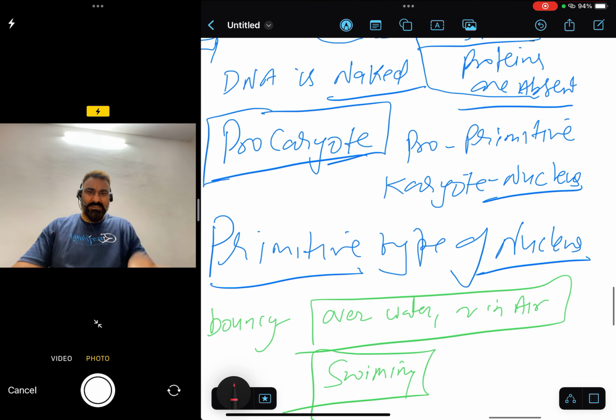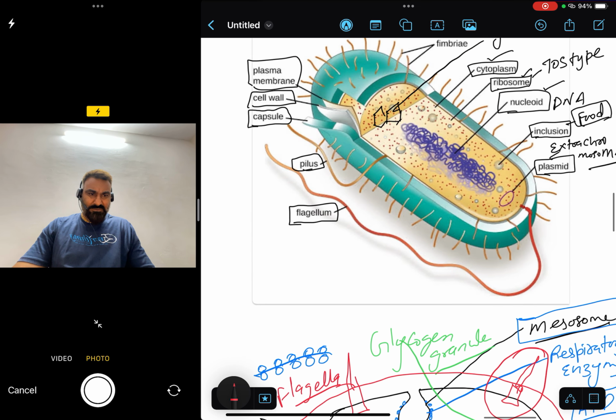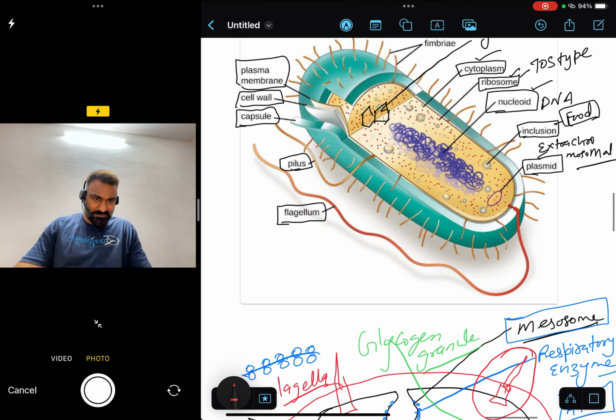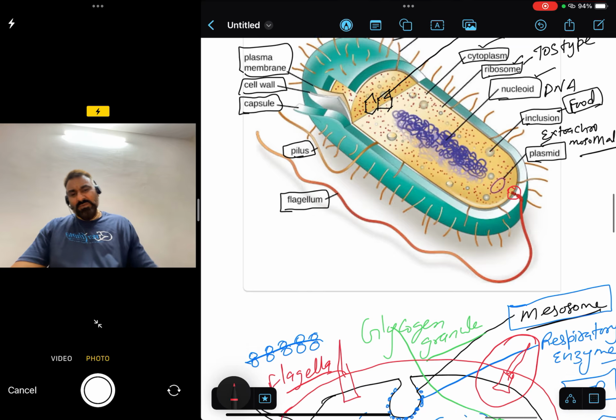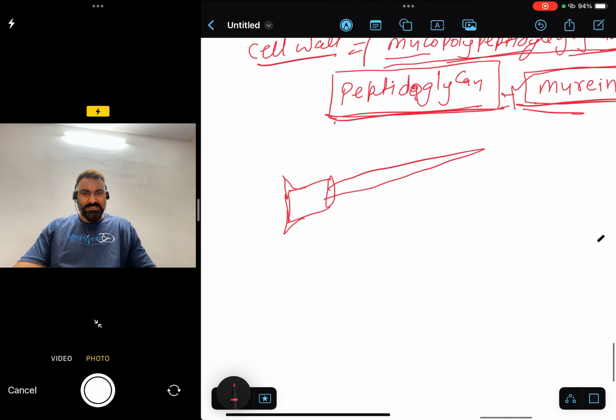If we look at the diagram, I made it like this, and here a hook-like structure is present. So what is this? Let us discuss it.